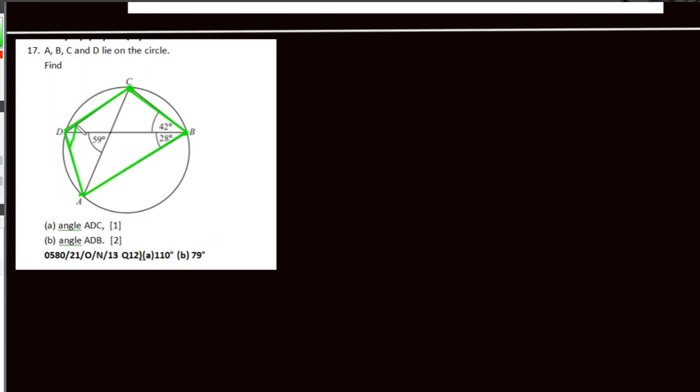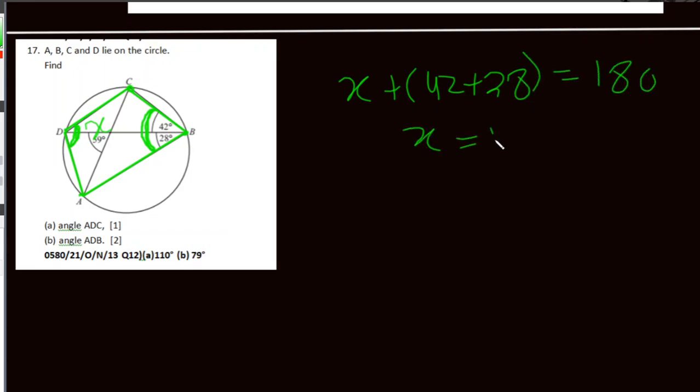So then this kind of quadrilateral is called a cyclic quadrilateral, and in the cyclic quadrilateral, opposite angles sum up to 180 degrees, or in other words, angles in the opposite segments are supplementary. So if this angle is x, so x plus 42 plus 28 equals 180, and when we rearrange and make x the subject, we'll get 110.